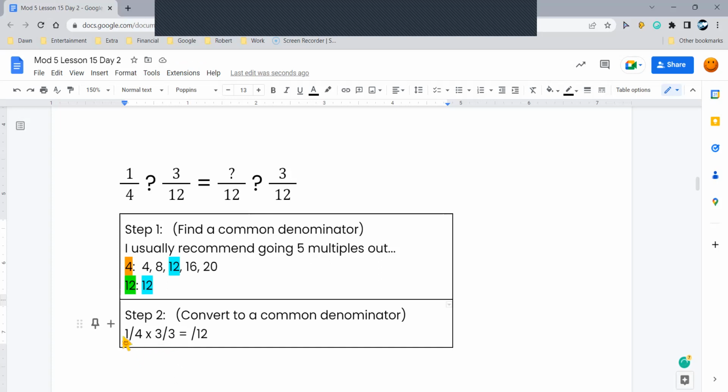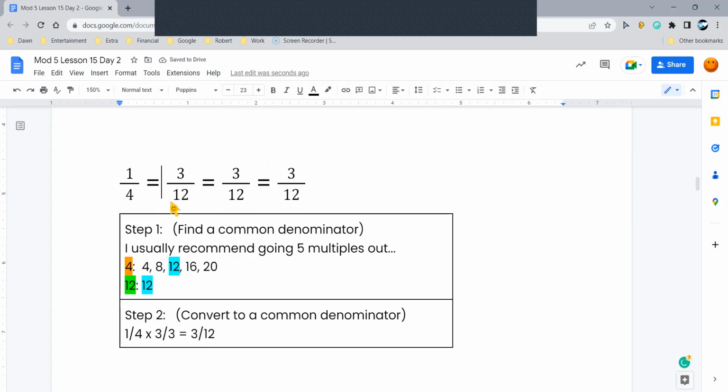Now I take the original numerator, which is 1, and multiply it by 3. So 1 times 3 is 3. So right up here, I'm going to write 3. And which one's bigger? Neither. They're equal. So 1/4 is equal to 3/12, which means 3/12 is equivalent to 1/4.